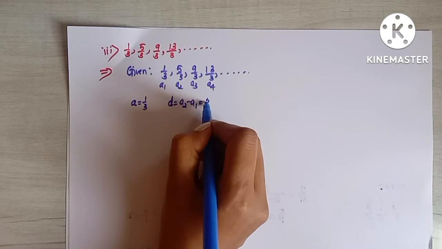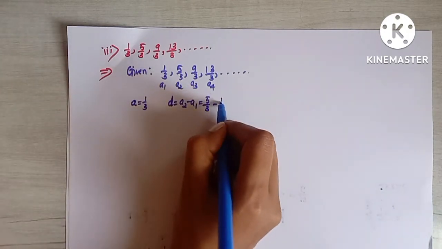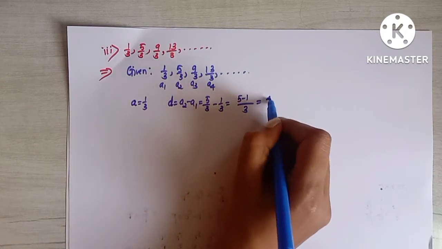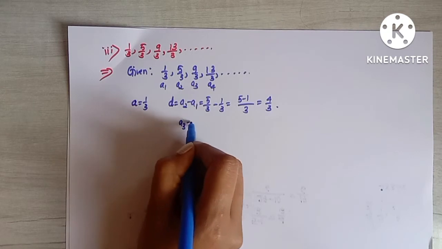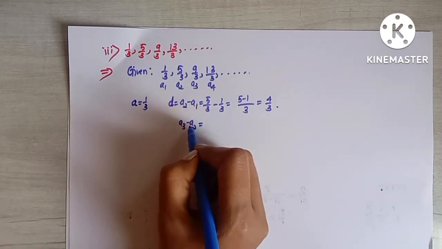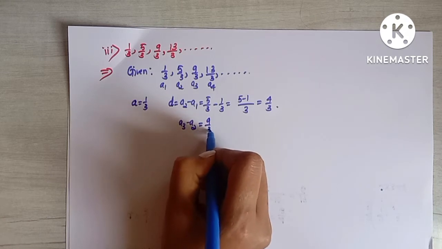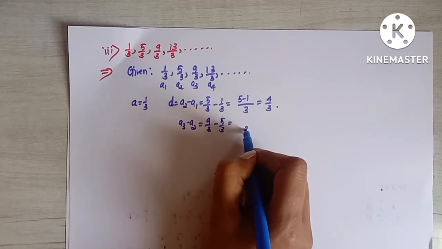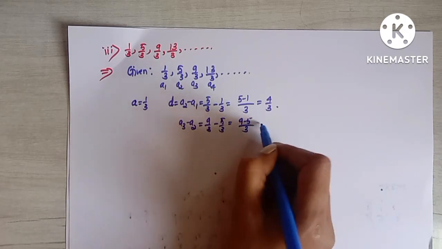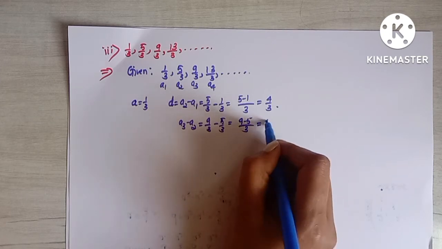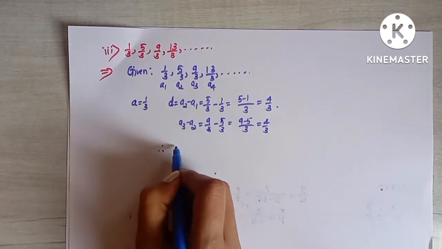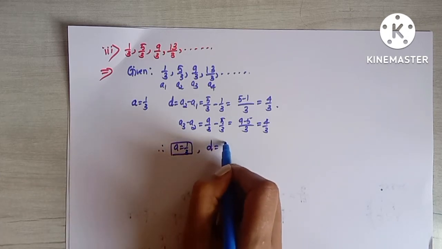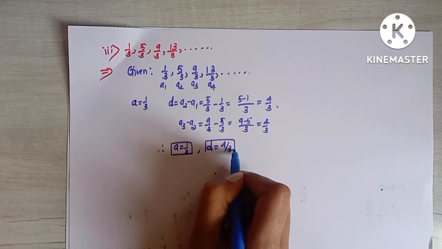So what is A2? 5 by 3 minus A1 is 1 by 3. So here the LCM is 3. This is 5 minus 1, that is 4 by 3. Next, A3 minus A2. A3 is 9 by 3. A2 is 5 by 3. So LCM is same. 9 minus 5 is 4 by 3. Therefore, A is 1 by 3 and D is 4 by 3.